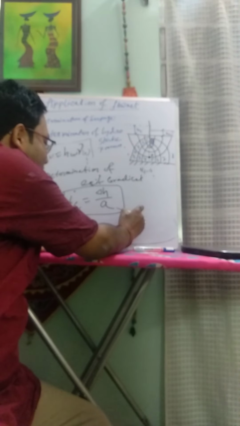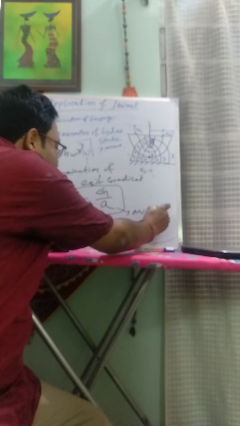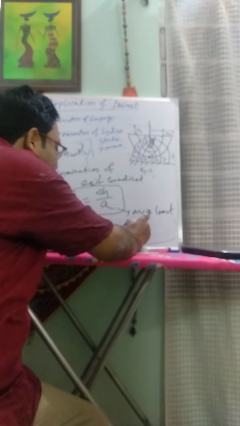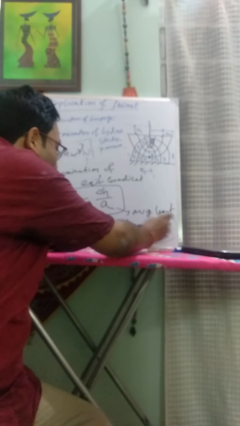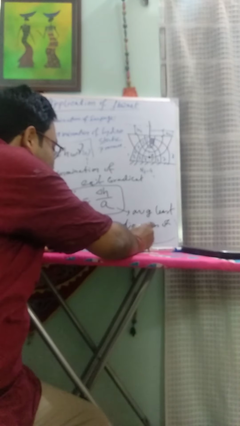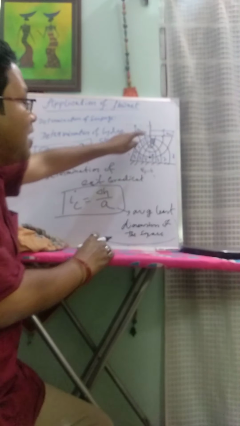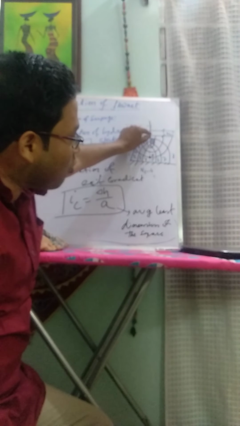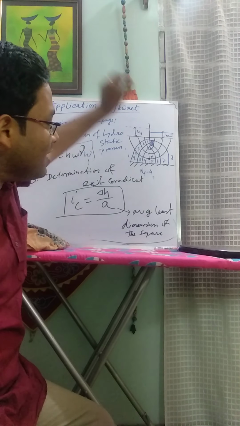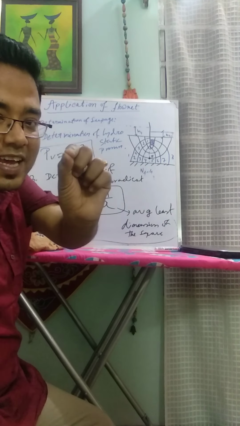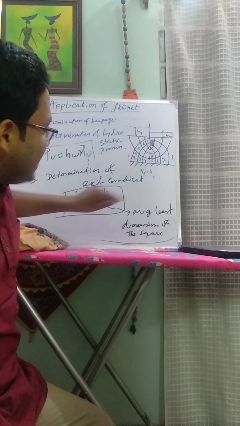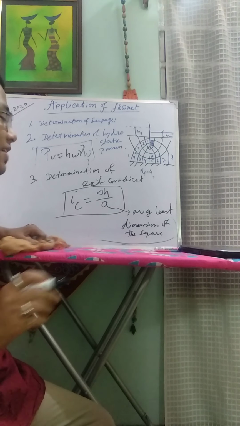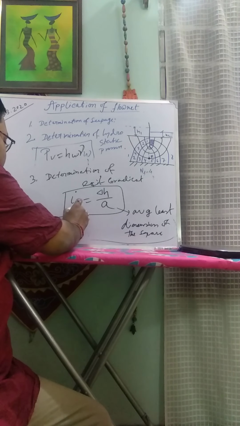A is the average least dimension of the square. That means in this Flownet, the smallest square's average least length is A.